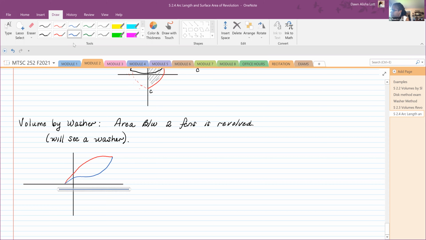So now I'm going to have something that looks like, these things are always hard to draw. Okay, so when I revolve it, something doesn't look right.